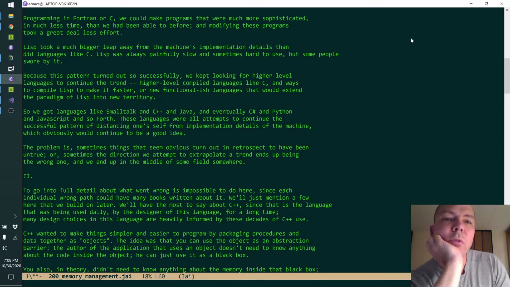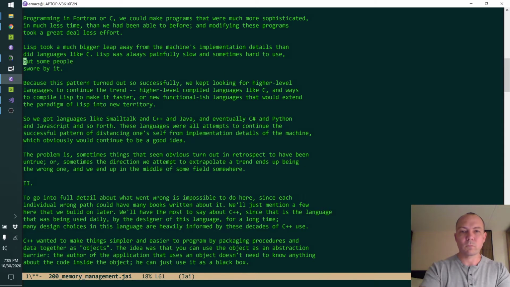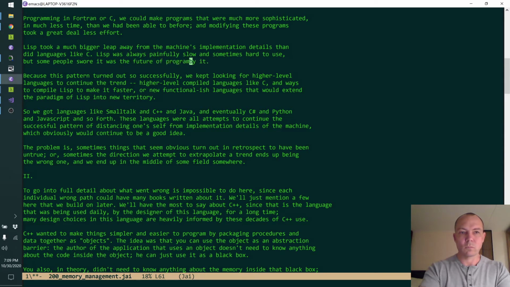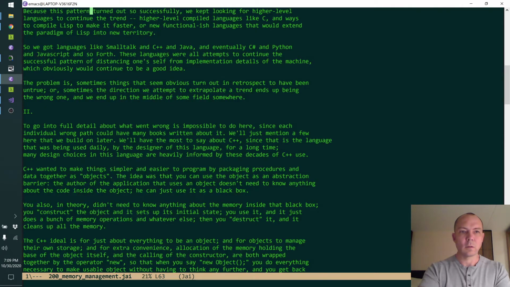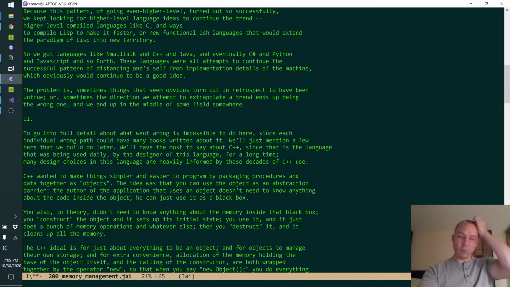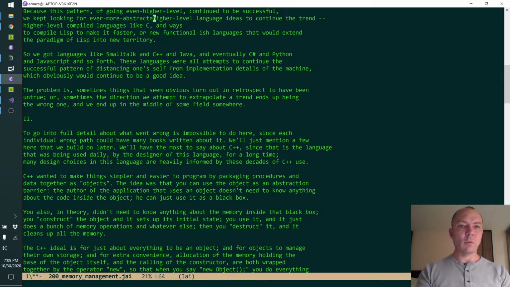The Lisp thing here was just sort of shoehorned in. I'm using the phrase higher level so many times here now, because this pattern of going even higher level continued for ever more abstracted language ideas.